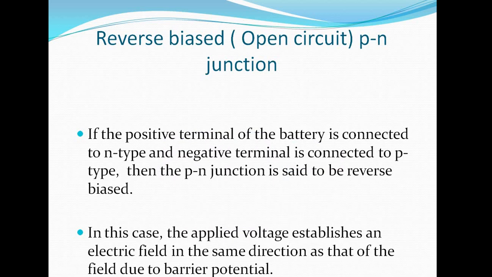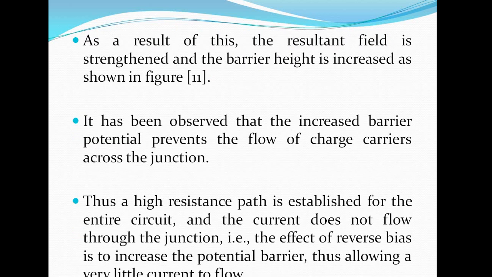Reverse biased or open circuit p-n junction. If the positive terminal of the battery is connected to the N type and the negative terminal is connected to the P type, then the p-n junction is said to be reverse biased. In this case, the applied voltage establishes an electric field in the same direction as that of the field due to barrier potential.